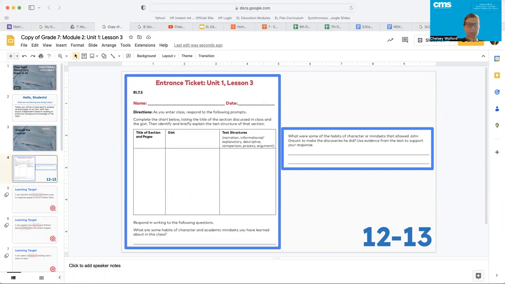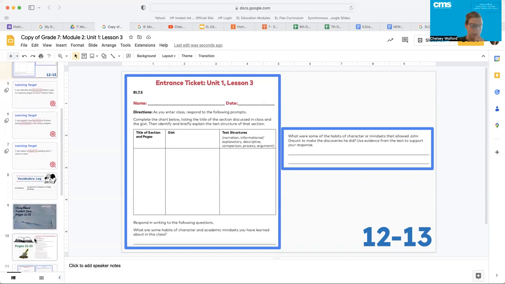All right. So complete the chart below listing the title of the section discussed in class and the gist. Then identify and briefly explain the text structure of that section.